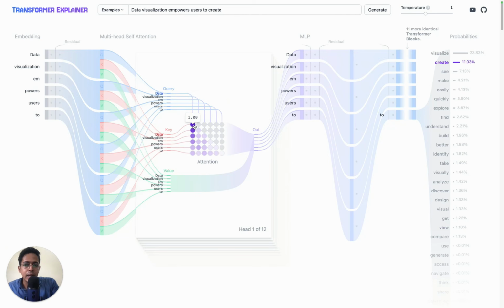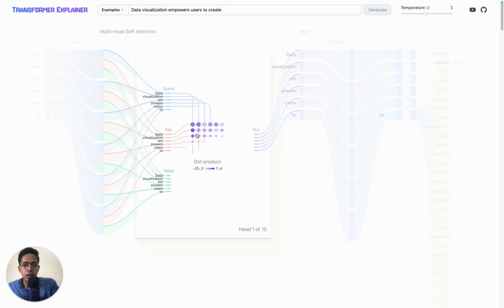So here, query of data is dotted with key of data, query of visualization with key of data, query of M with key of data, query of powers with key of data, query of users with key of data, and so on. And in the first column, the query remains data. The query matrix remains corresponding to that of the data token. So query of data with key of data, query of data with key of visualization, then key of M, key of powers, key of users, and key of 2. So this is how this attention matrix is created.